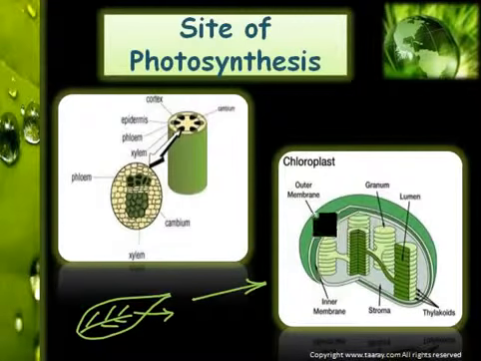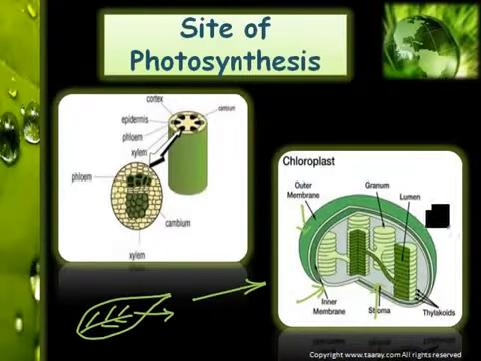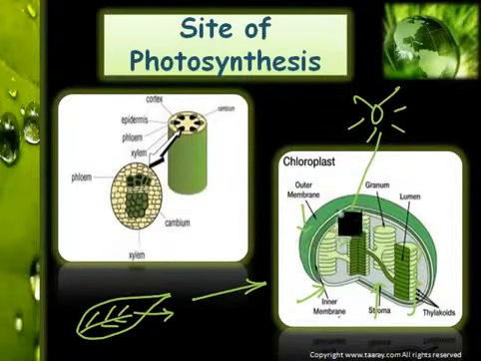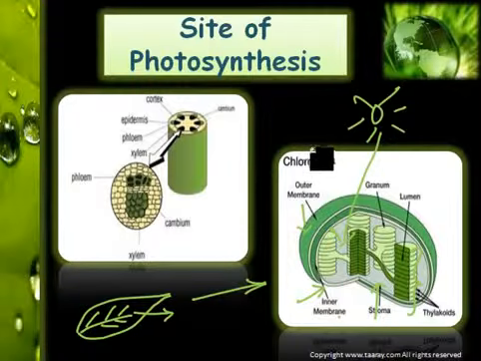The chloroplast has an outer membrane, inner membrane, stroma, and grana with coin-like structures called thylakoids. The chloroplast has the capacity to capture sunlight from the atmosphere and convert it into chemical energy, or glucose.